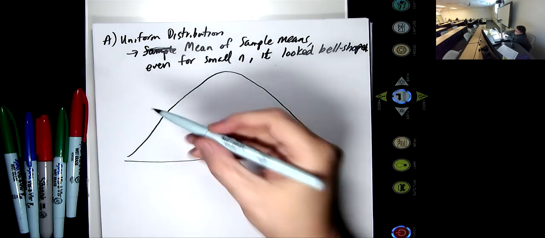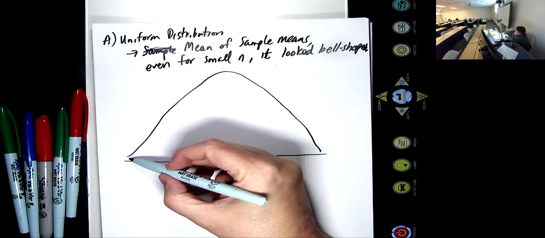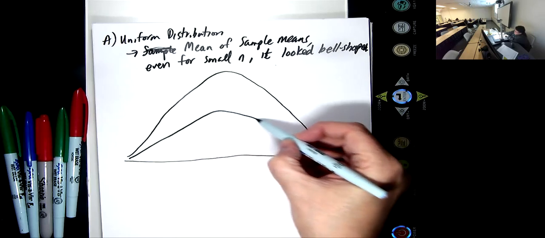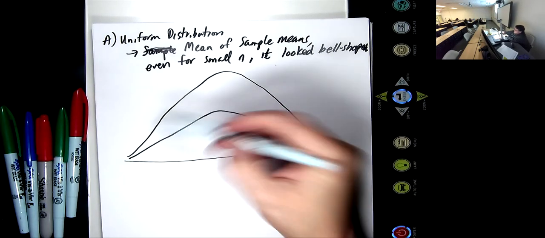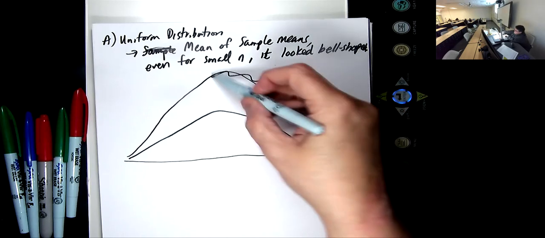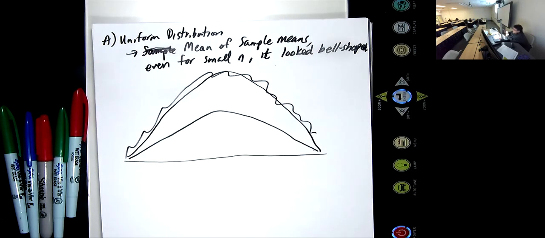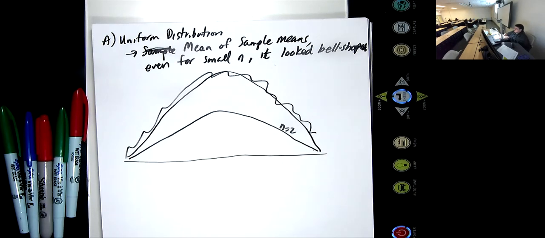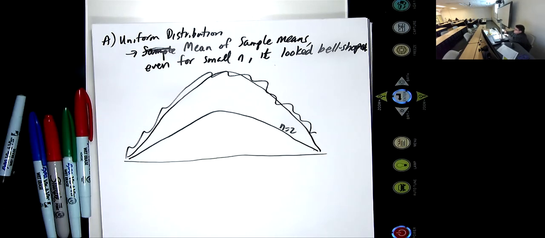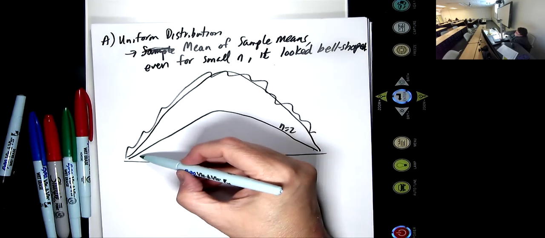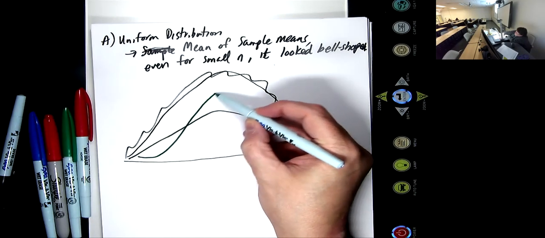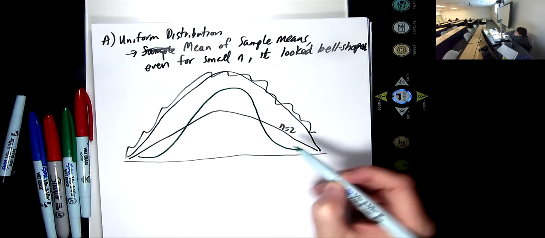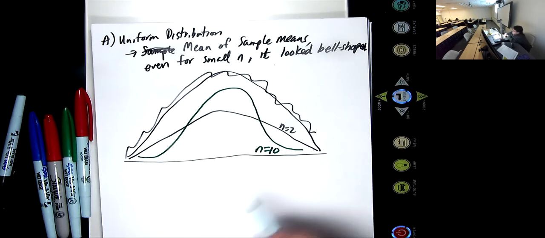I should not draw that so high. Let me draw it like this. Ignore that top black line. So this was like n equals 2. And then when we had n equals 10, it got to be a little bit more like this. It still peaked in the center.